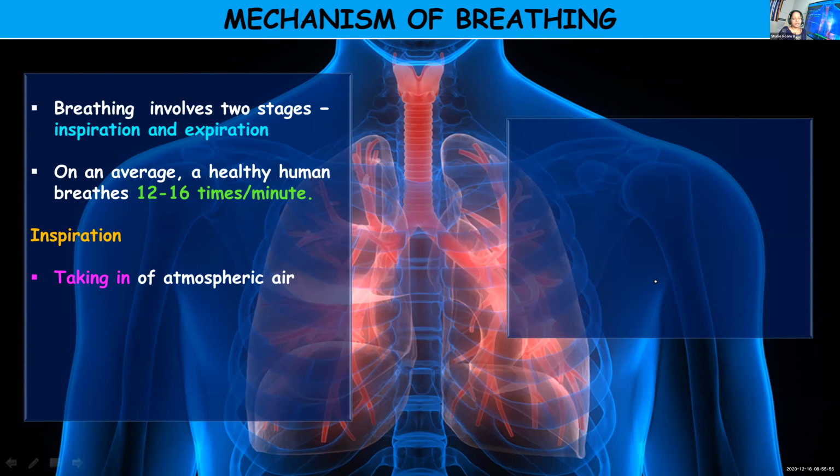You can check how many times you breathe within 1 minute using a stopwatch. 12 to 16 times you breathe per minute, but that can fluctuate at times, like when you took part in an athletic race, climbed the steps, did some vigorous exercise or manual labor, or ran at a great speed.